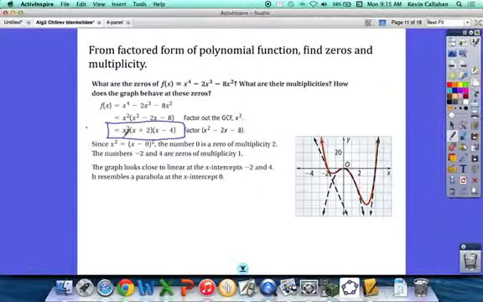Remember, when you have an x which is not plus or minus anything, then 0 is the zero. So the zeros are 0, -2, and 4. And why did I leave all that room next to the 0?